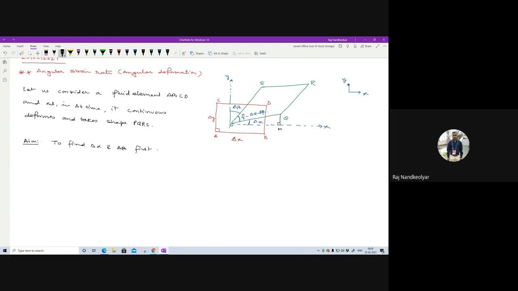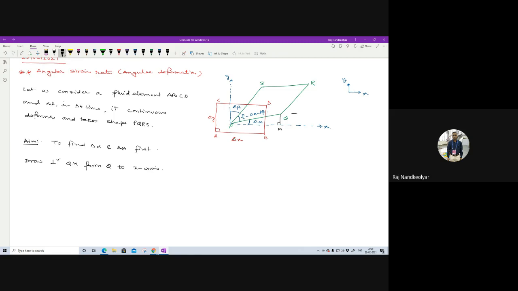What we have done is draw perpendicular QM from Q to the x-axis. First we are finding QM.